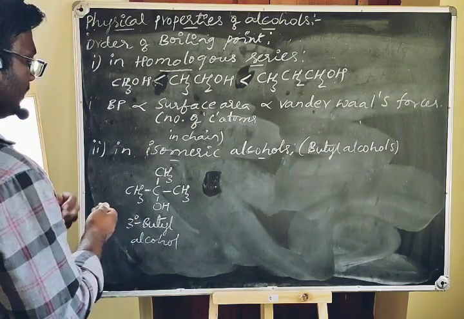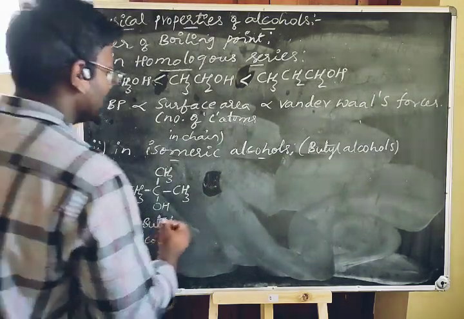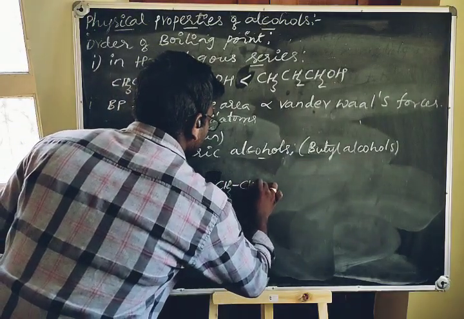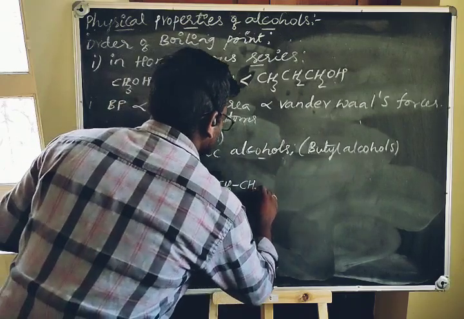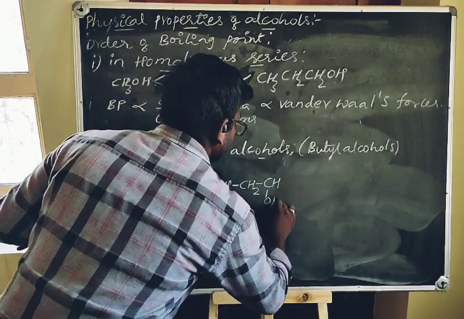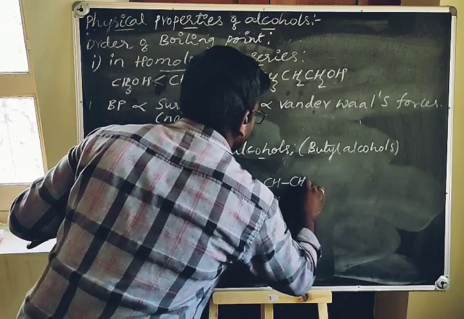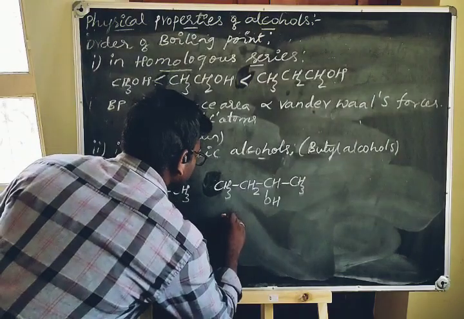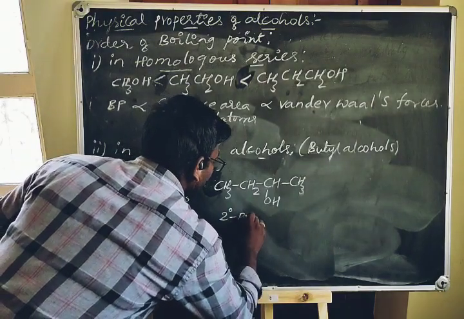Isobutyl alcohol like this: CH3, CH2, CHOH, CH3. So this is a secondary butyl alcohol.